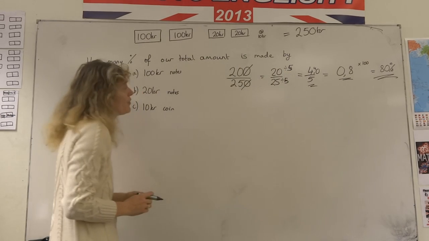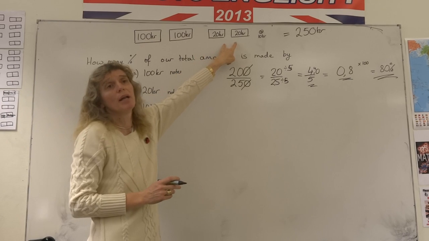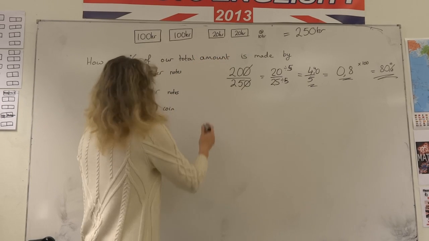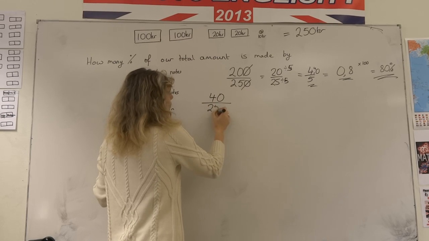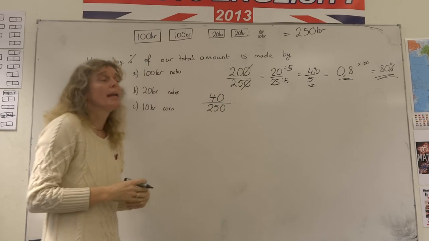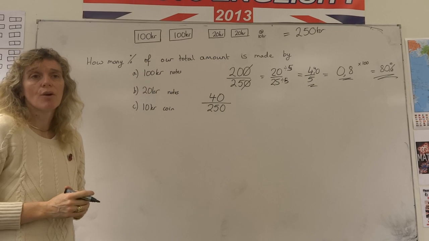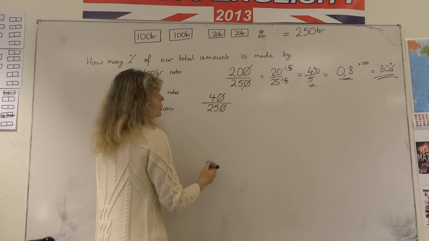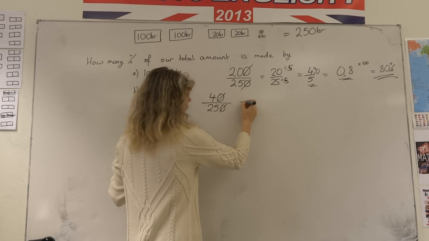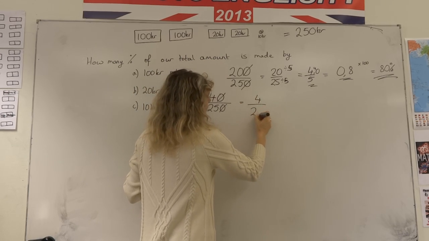And we do the same thing for 20 krona notes. How much of our money is made up of 20 krona notes? 40 kronas out of the 250 is made up of 20 krona notes. So let's change this first into a fraction. We get 4 25ths.